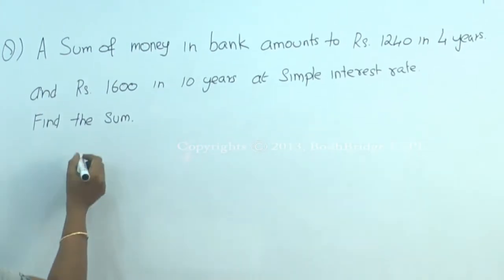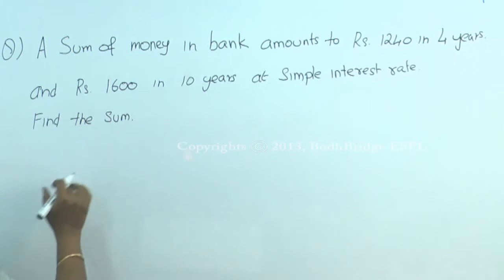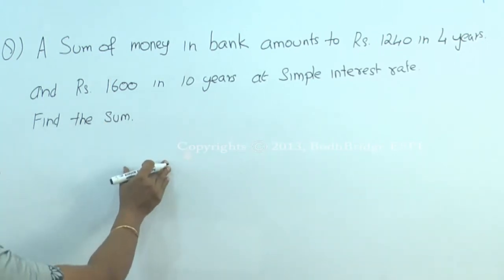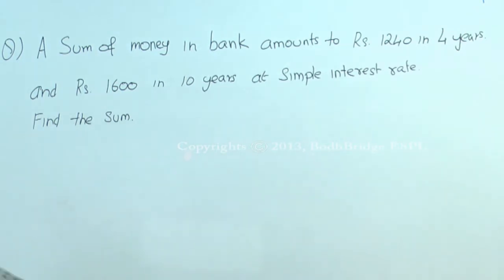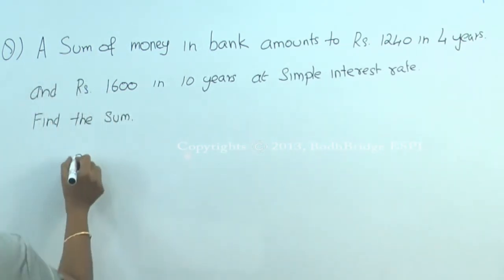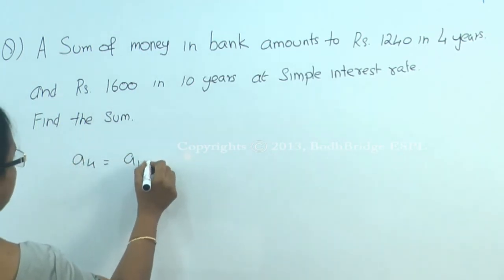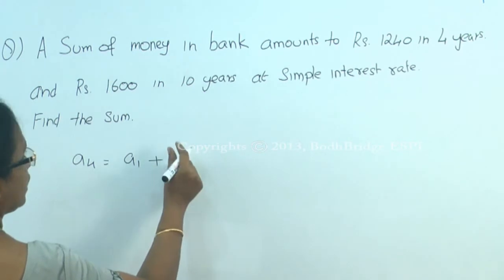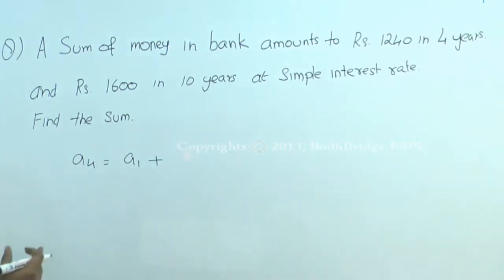We can say that the interest for the first year, whatever it is, plus the principal becomes the next year's sum. And again plus the same interest will be the third year's sum, and so on. So for the fourth year, this is the first sum plus, after 4 years, every year it is going to add that interest.